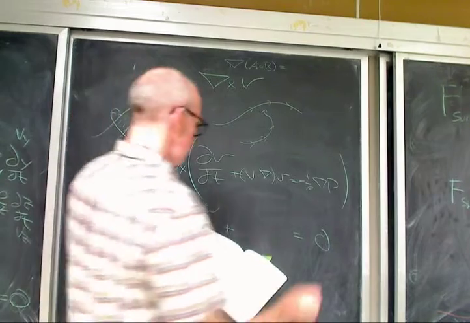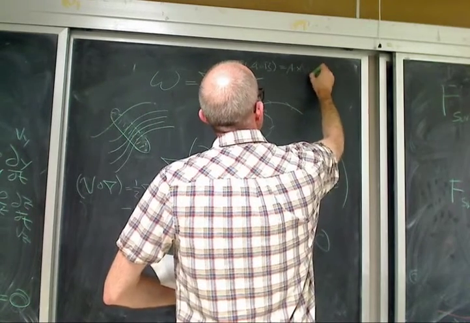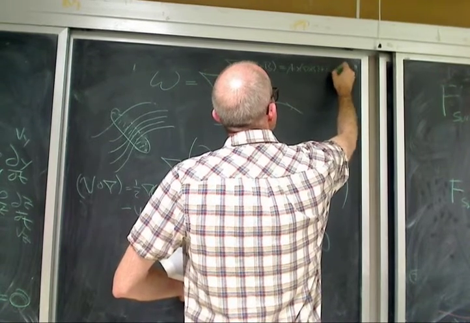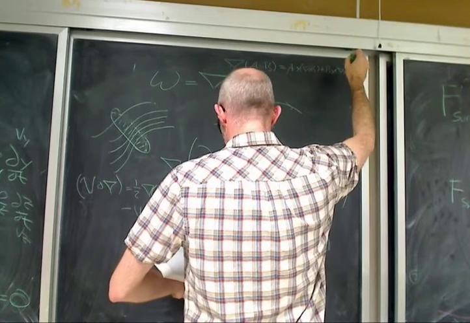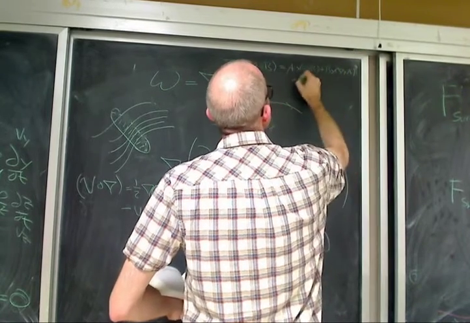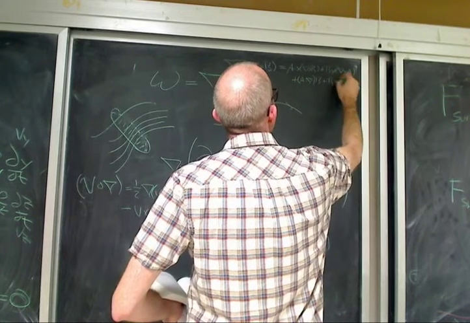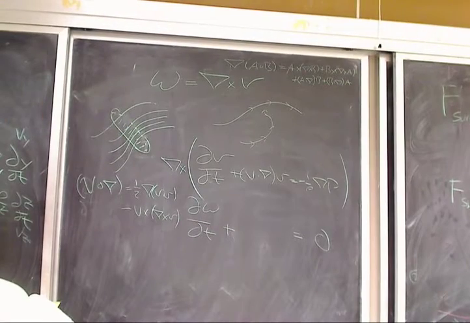Div a dot b is a cross curl b. You don't have to write this down, it's in the book. Plus b cross curl a plus a dot grad b plus b dot grad a.